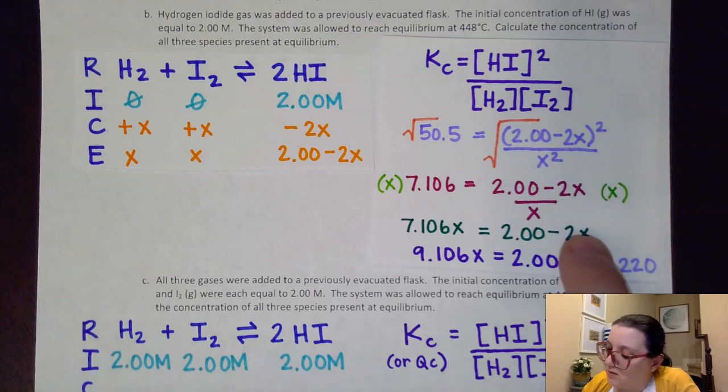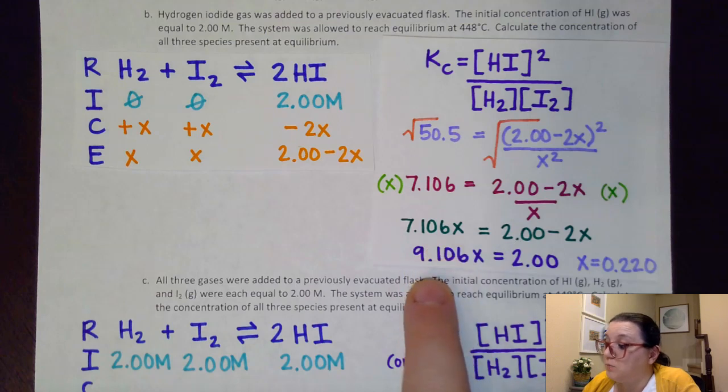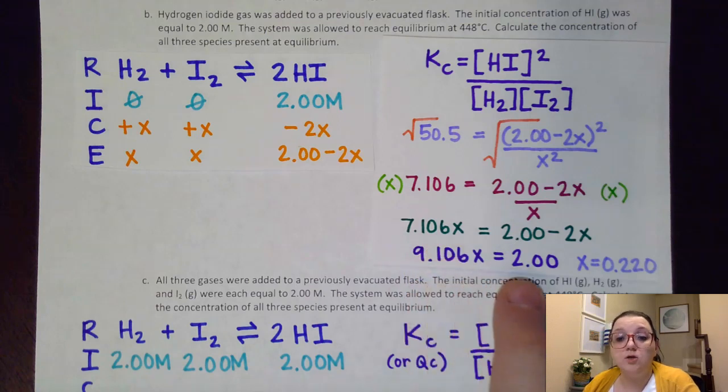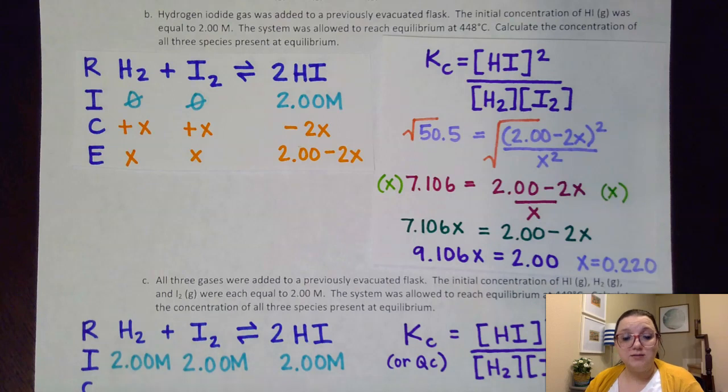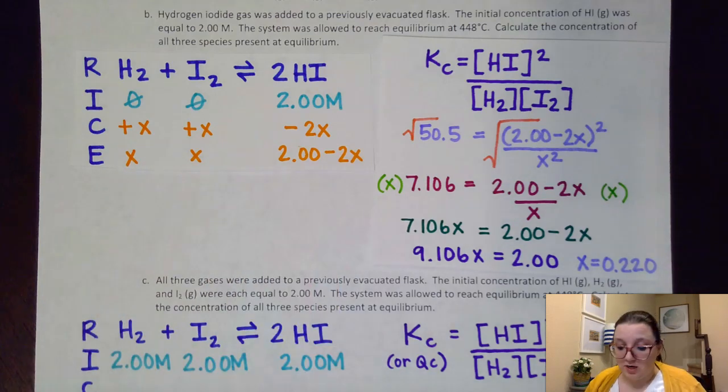I would add the 2x over to this other side. That would get me 9.106x equaling 2. To solve for x, I would simply divide both sides by the 9.106, and that would give me that x equals 0.220. So now that I have x, I can plug that in for all of these concentration terms.